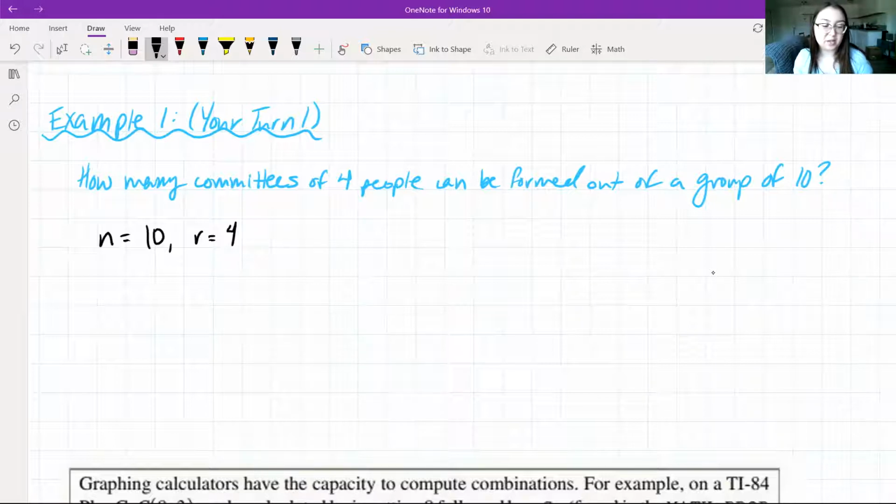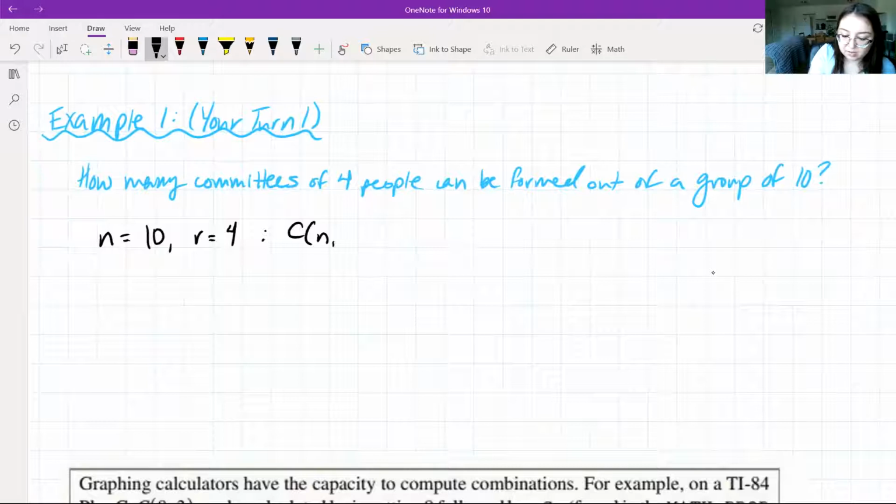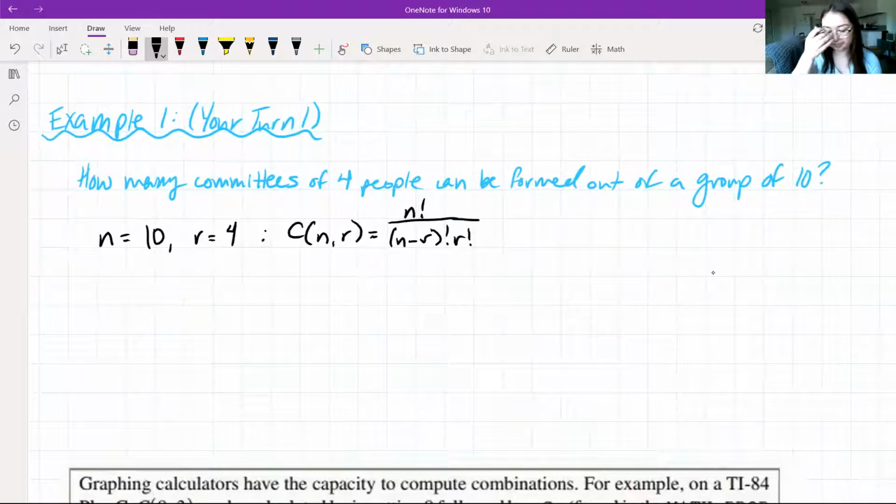Now since we know our value of n and we know our value of r, we can just plug this into our equation. We know that C of n comma r is equal to n factorial divided by n minus r factorial times r factorial.